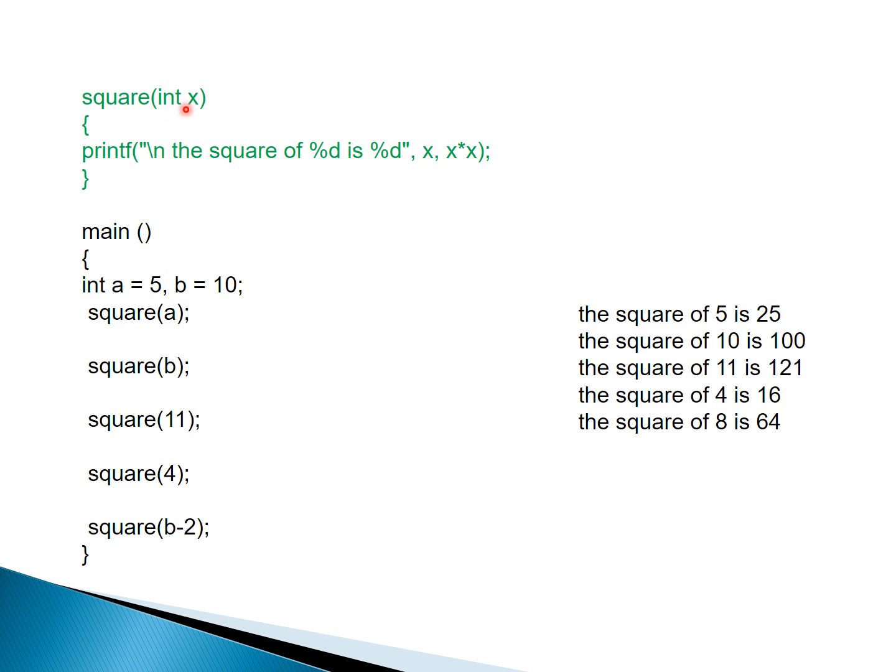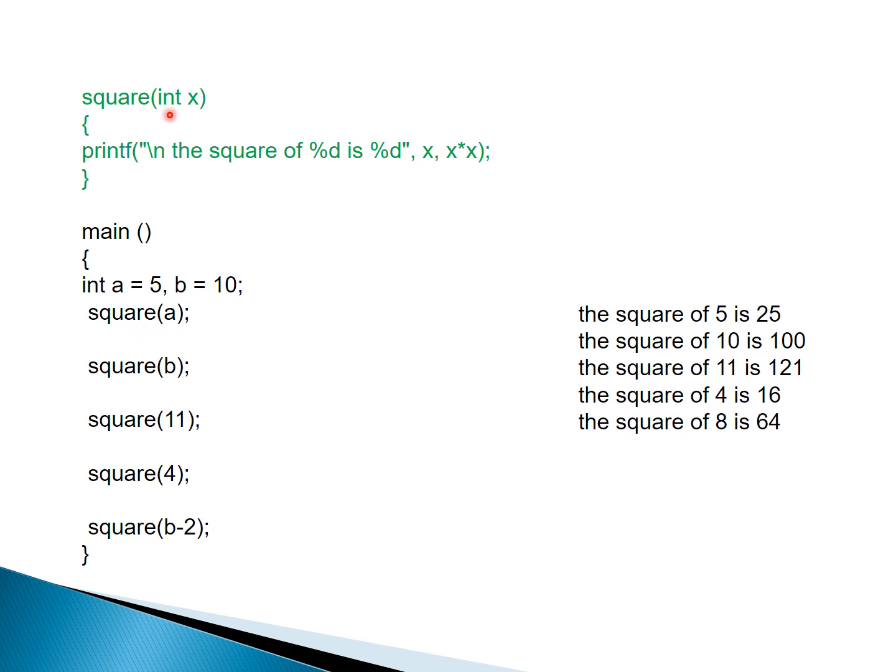Here this x is accessible only in this function. This means that if I have a statement to print the value of x in this function or in the main function, then the compiler will give you an error that x is not declared, because this x is not accessible here.